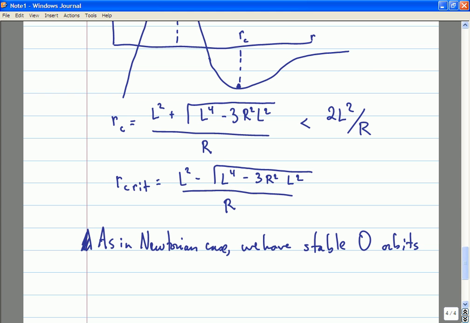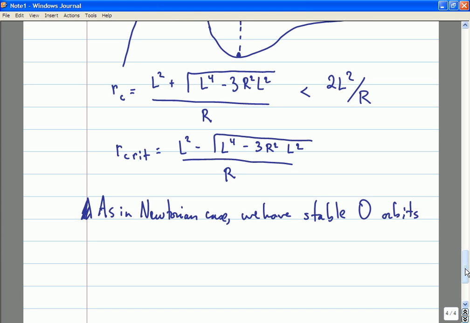But more importantly, there is a limit on how close these stable circular orbits can be to R equals 0. In particular, let's look at this in the limit where L is large. So as L goes to infinity, how does RC look? Sorry, that's R crit. Oh, I see. Okay.